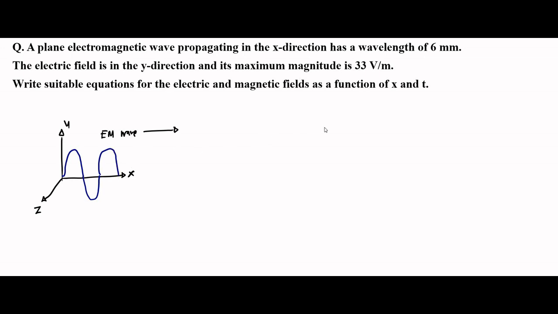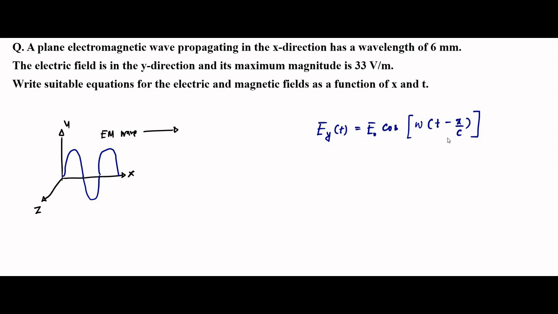So obviously the amplitude variations will be represented with E_y(t). That will be equal to the peak magnitude E0 cos(omega t minus x by c). Okay, like this.